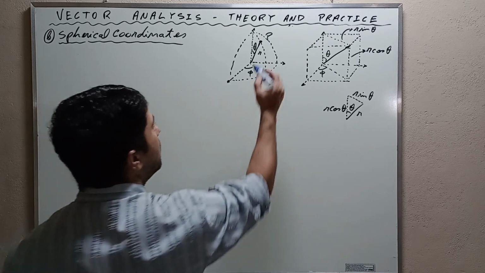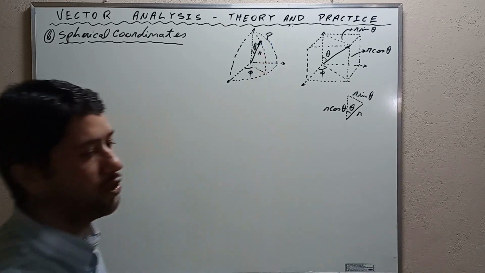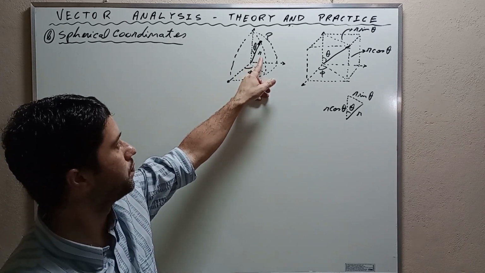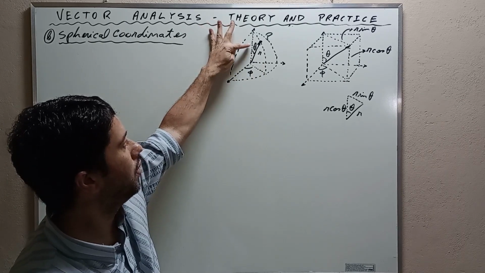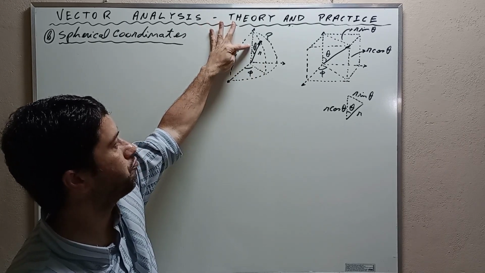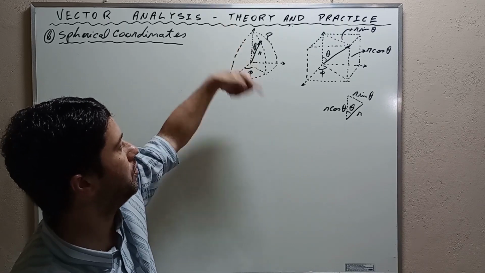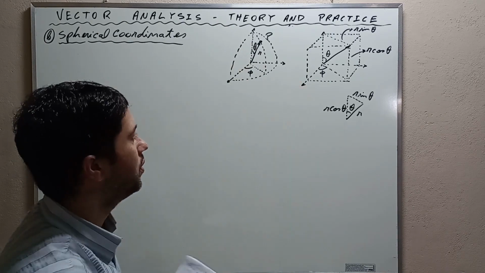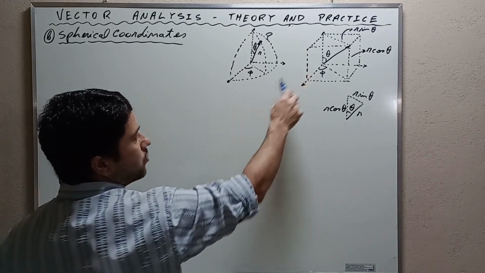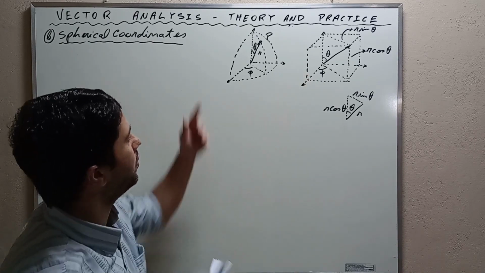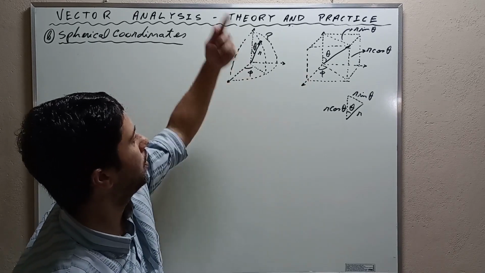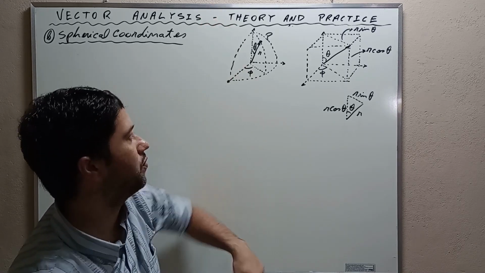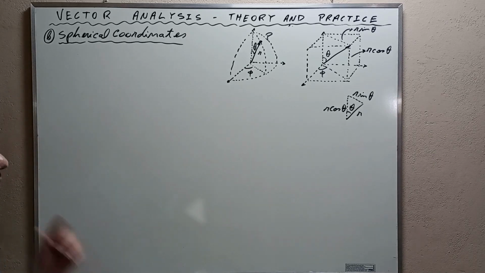And the vector that goes from the origin to point P has a magnitude r, and this angle here that goes in this direction, and this angle that goes in this direction. This angle here in the xy plane and this angle here over the z-axis from the positive to the negative along z. Okay?